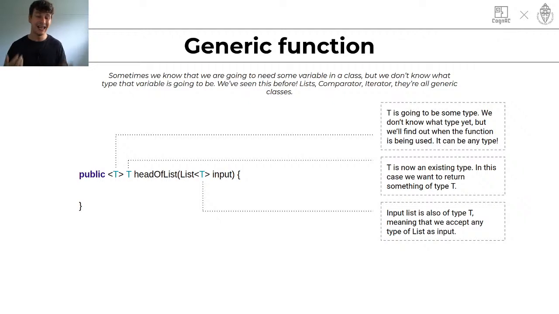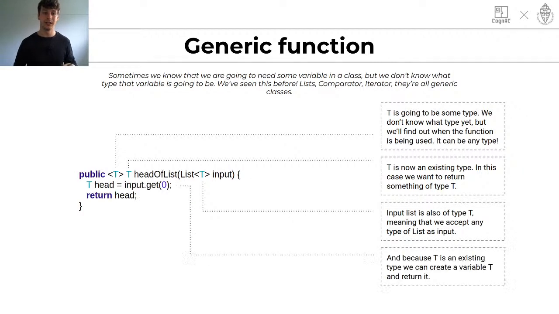So there can be any list as an input type, so a list of strings, person, doesn't matter. And what this function does is it grabs the first element of that list. We can now say T head, because this is a generic function, so Java now knows that T exists in this span. And then we can say T head is input.get(0), basically grab the first element, and then we can return the head.